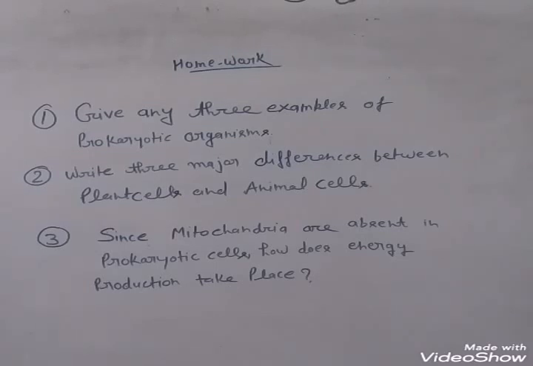The next question is important: since mitochondria are absent in prokaryotic cells, how does energy production take place? Solve these questions in your notebooks with the help of these lectures.